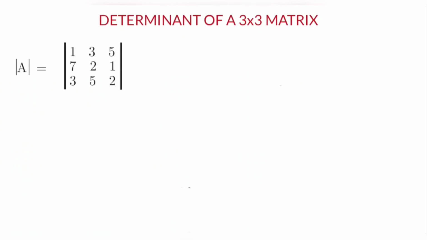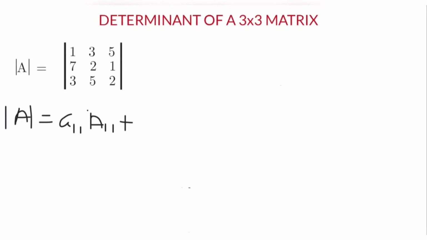So let's open it up using the first column. Using the first column, the determinant will be equal to A11, the first element, times its cofactor A11, plus the second element of this first column, which is 7.